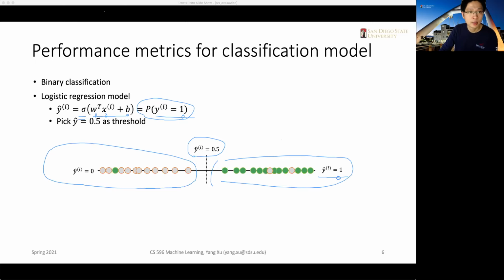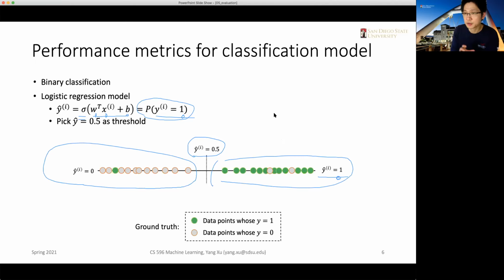The colors of the data points are the ground truth. All of these are in our training set. The green data points are those whose actual labels are 1, while the grayish data points are those whose actual labels are 0.